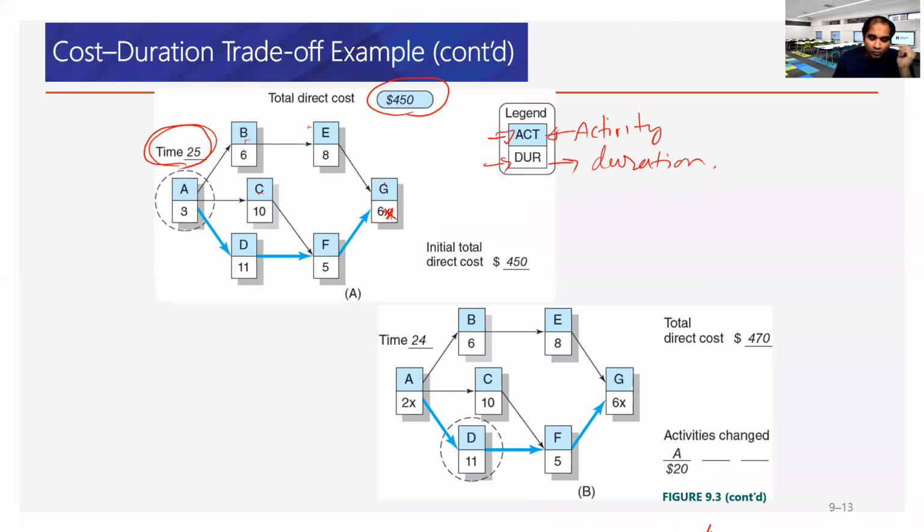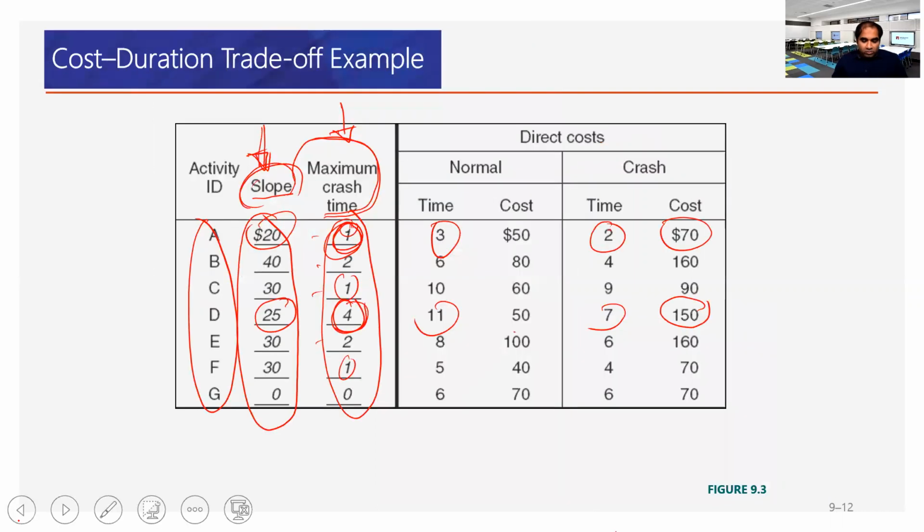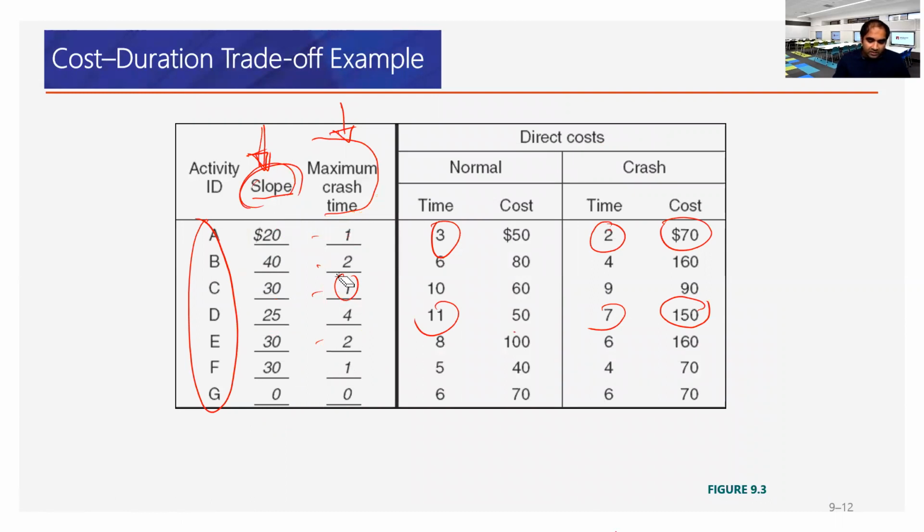Any activity with the number X is already at the minimum possible duration for that specific activity. X cannot be crashed. And the rest of the activities here, we can see that 3, 6, 10, 11, 5, 8, these can be crashed. So from the previous table, we have the maximum crash time and the associated cost here.